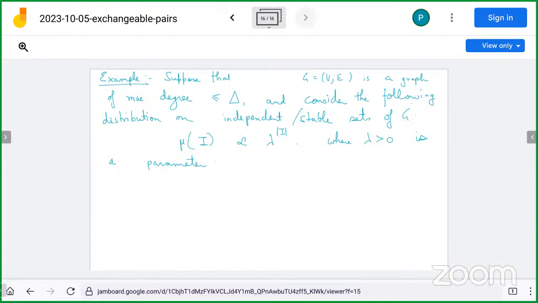Now let's see if this has some weak dependence. The weak dependence and the coupling go together. If you could construct a coupling which has the right property, that also shows the weak dependence.